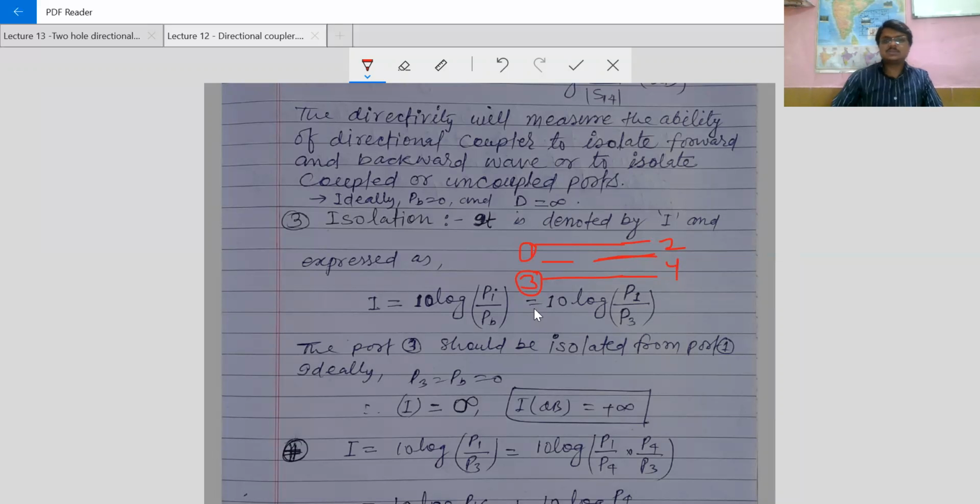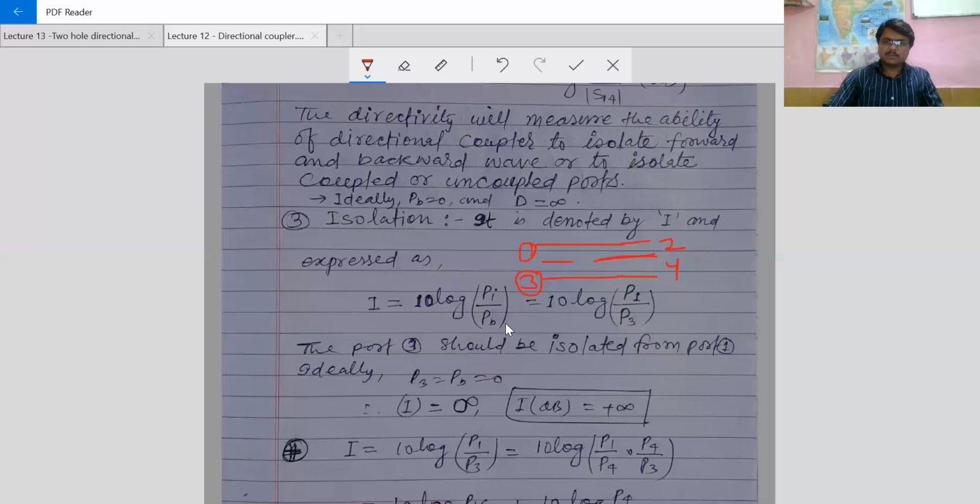Some power is going to port 3. So we define this isolation parameter to show how little power is going to port 3. It is the ratio of P1 upon P3, where P1 is also Pi, the input power, and P3 is also PB.